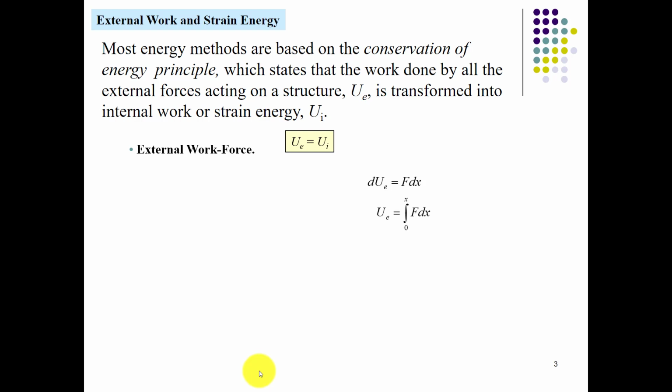For example, we have a structure, we have an element with the length L upon which the force F is applied, and there is a deformation delta by virtue of this applied force F, and then there's a graph of F and X. F is basically the applied force and X is the deformation.